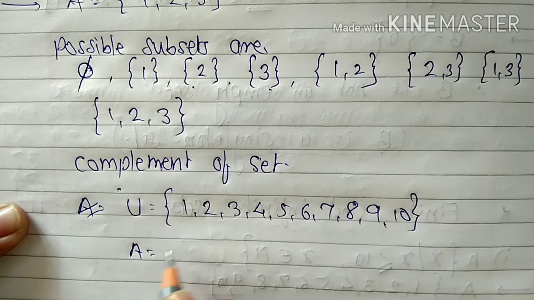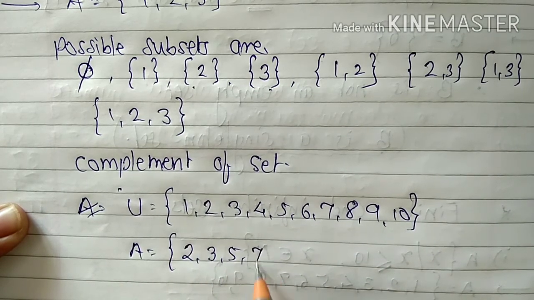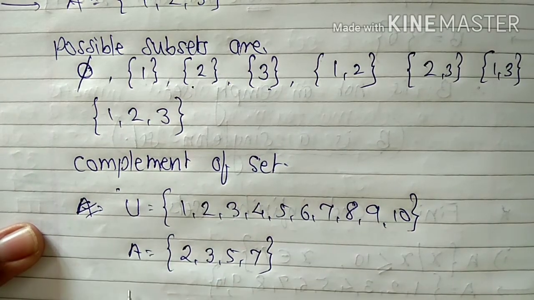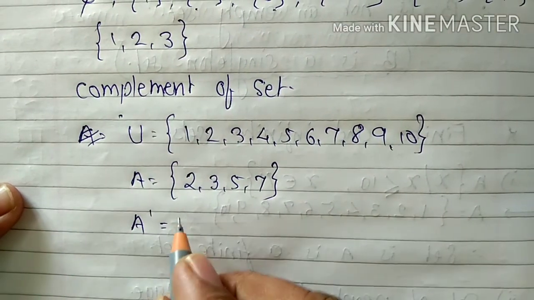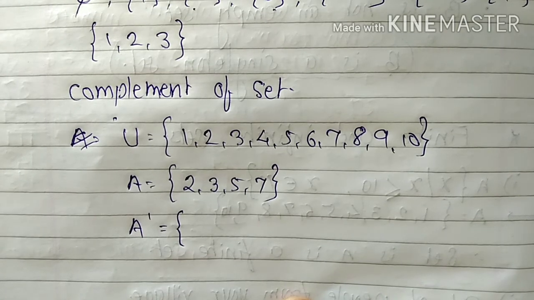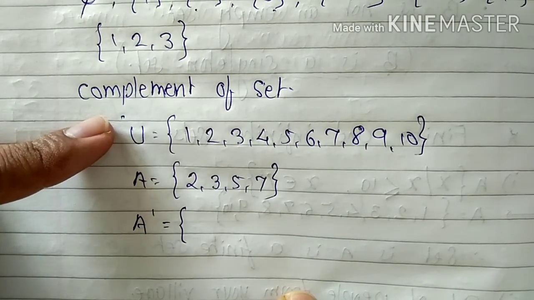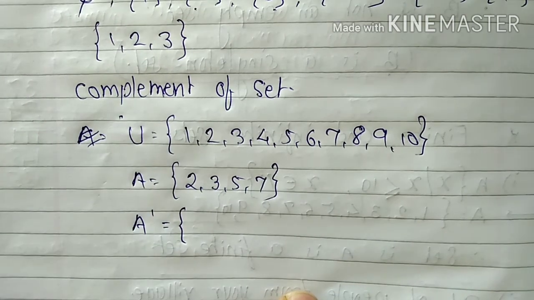And the other set A having elements 2, 3, 5 and 7. Okay, now I am taking A complement. See how I am writing here. A complement, it is a set of all the elements from the set U which are not contained in set A. See what I am saying?